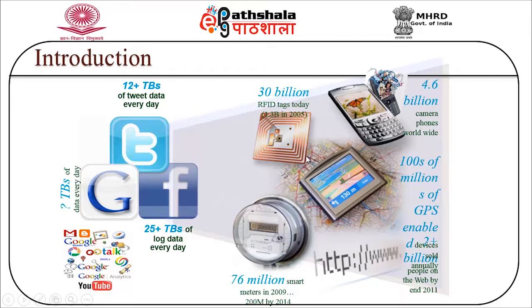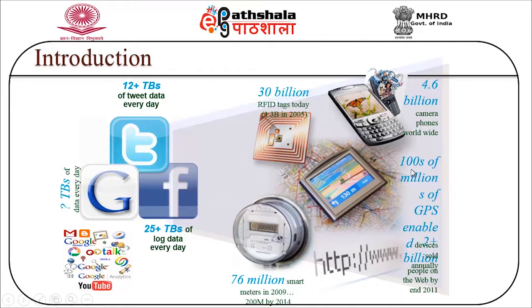Similarly, we also have a huge amount of data, say 30 billion RFID tags available today, from which we receive a lot of data, and about 4.6 billion camera phones available worldwide. Hundreds of millions of GPS enabled devices are available, from which people annually populate huge amounts of data onto the web, and about 76 million smart meters are also available.